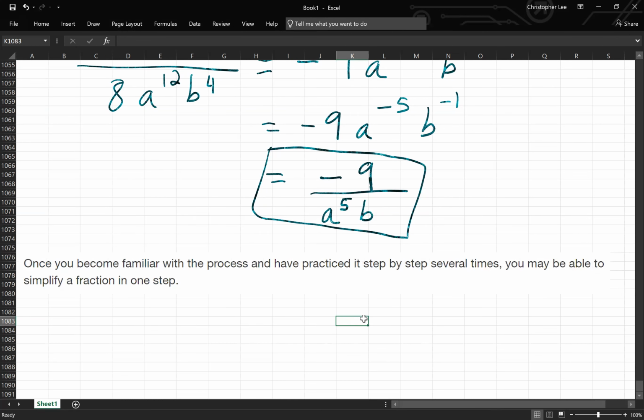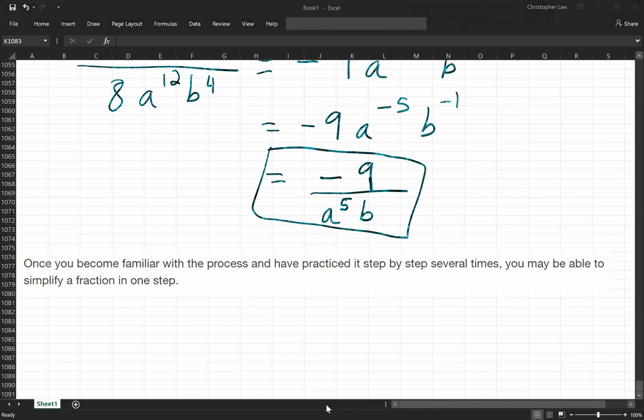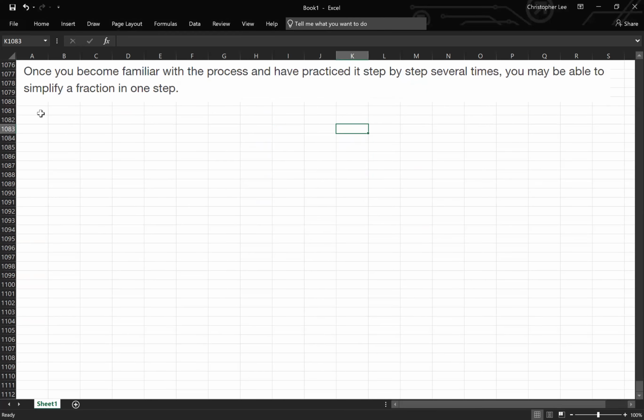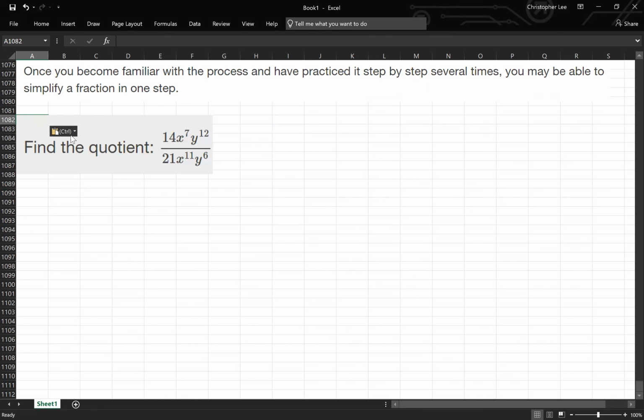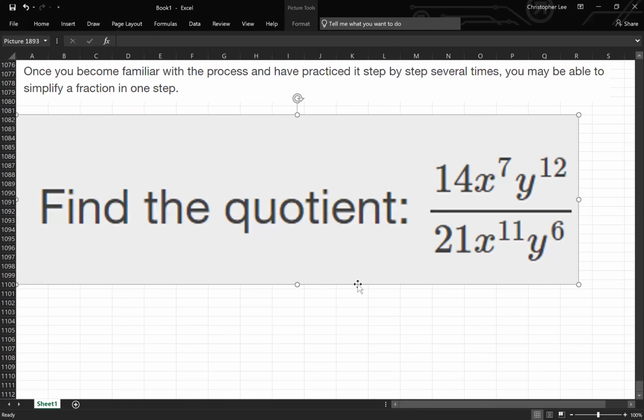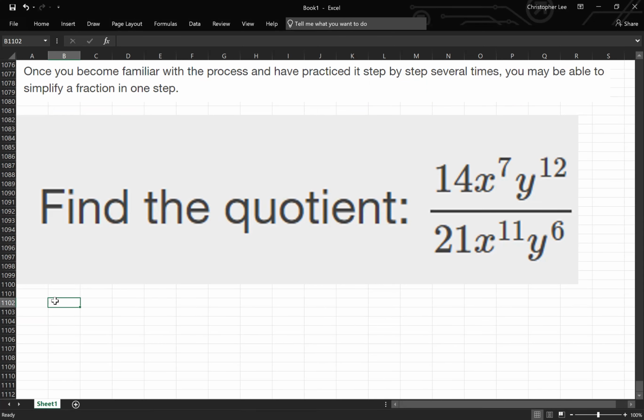So once you become familiar with the process and have practiced it step by step several times, you may be able to simplify a fraction in one step, right? Let's look at this other example here. So I have 14 x squared y to the 12 divided by 21 x to the 11 y to the 6, right?